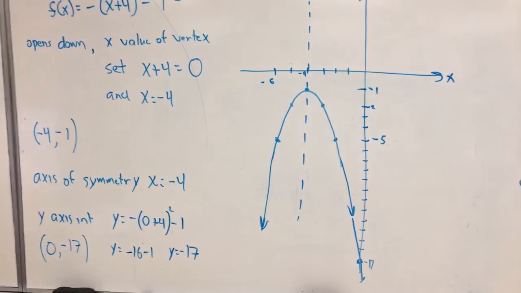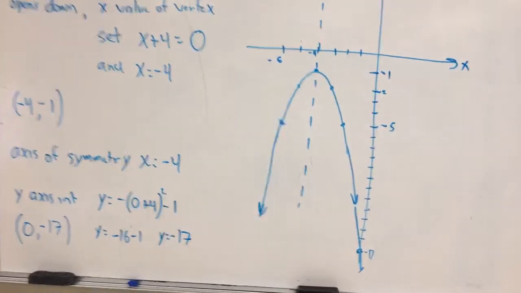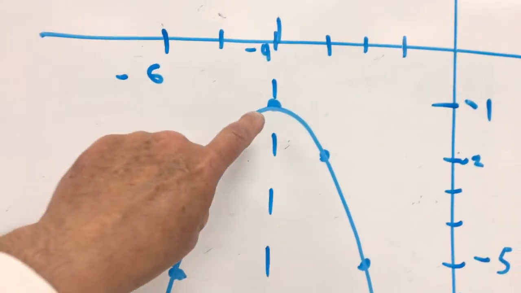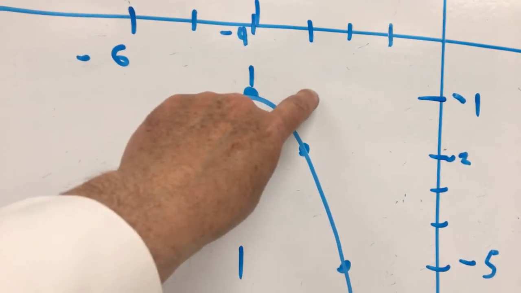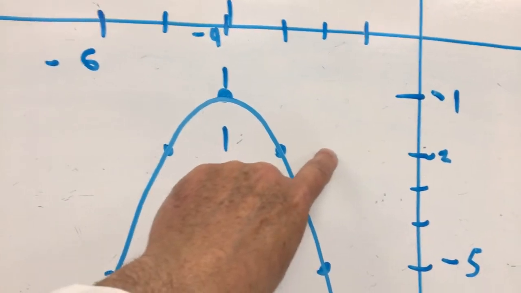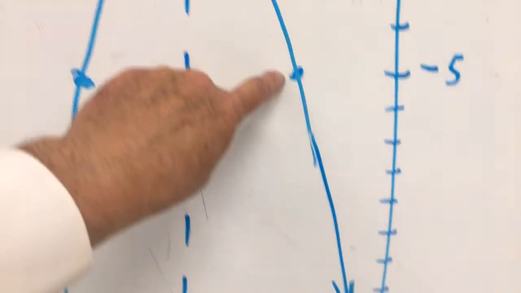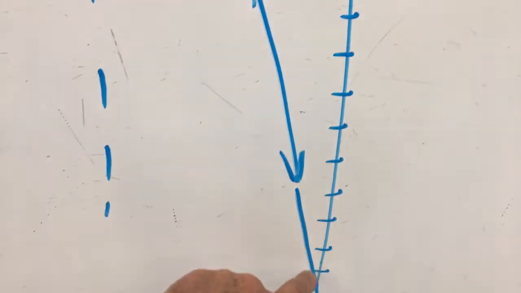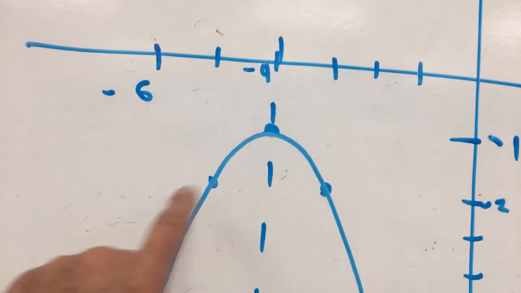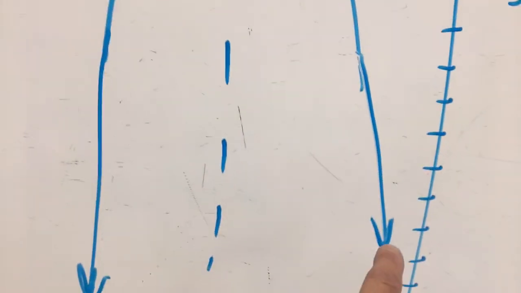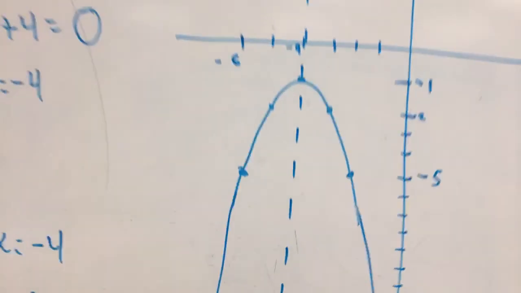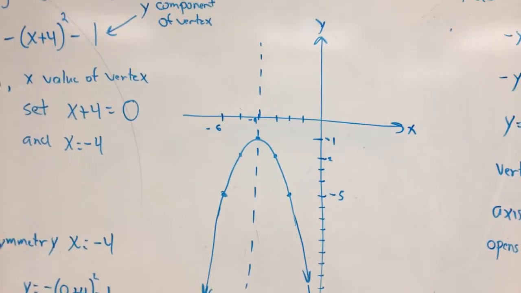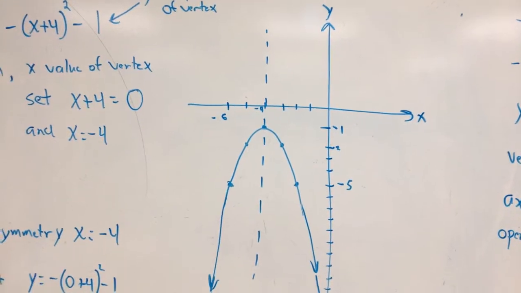And some of you that watched the video earlier today have noticed that to find these points from the vertex, it's over 1, down 1, over 1, down 3, over 1, down 5, over 1, down 7. And it's symmetric. Pop, pop, pop. Okay? So, if you know the pattern, hey, great. If not, pick values of x and plug it in. Can't go wrong.